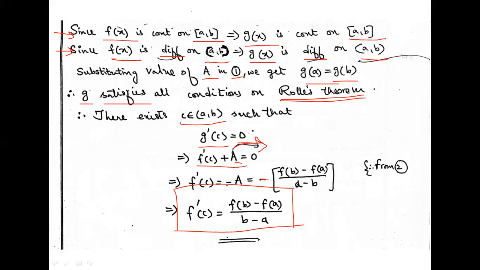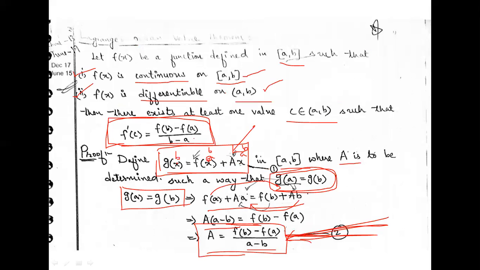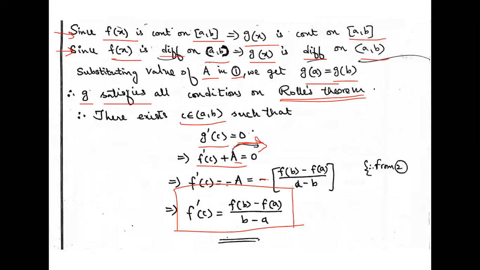So here we are using g dash of c. What is g dash of c? Differentiate the first equation, and we will get g dash of c. I hope you have understood. g of c is equal to, what is it equal to? f of c plus ax.